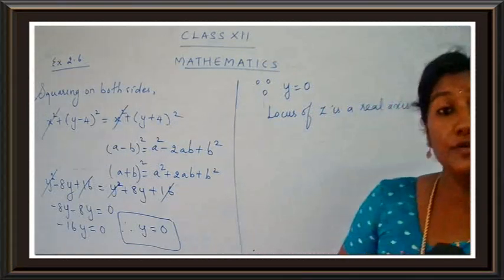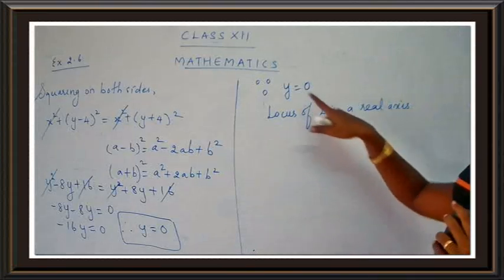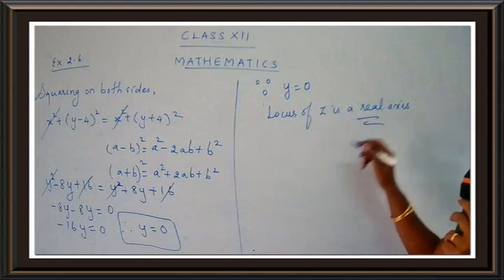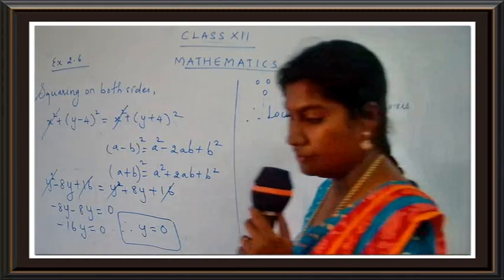And if you get x is equal to 0, you have to say that locus of z is an imaginary axis. Okay, children? Since y is equal to 0, we can say locus of z is a real axis. Clear, children? So we have completed the first question.